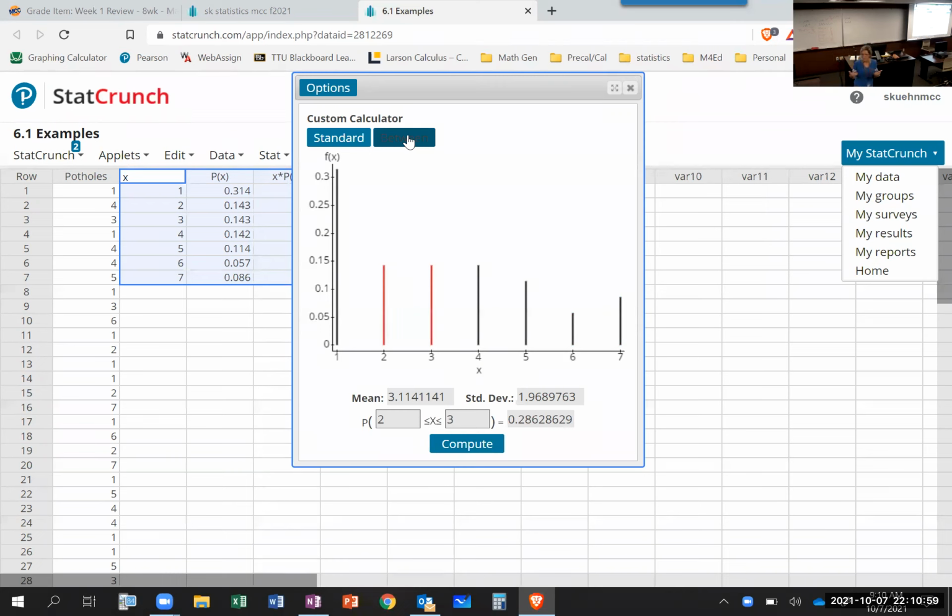What's the probability of my variable being between two numbers? That's all that's saying. So maybe I want to know the probability of finding potholes between 2 and 5. That would be the range I would be looking at.